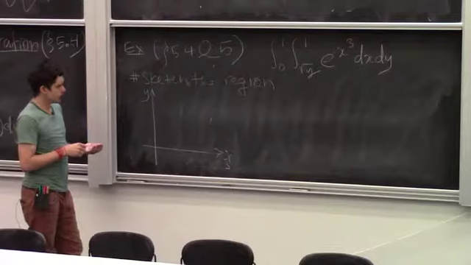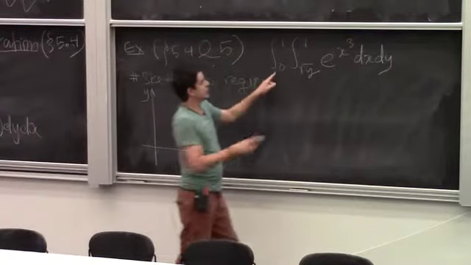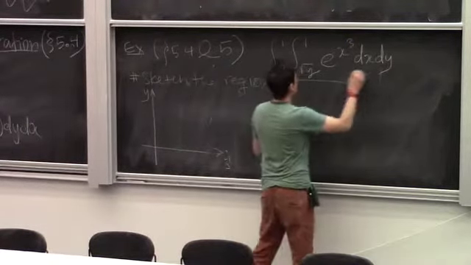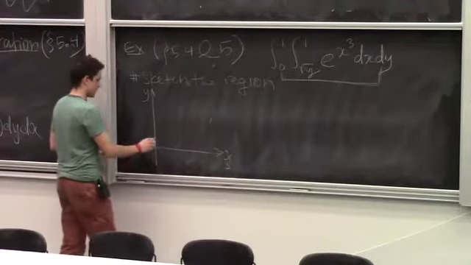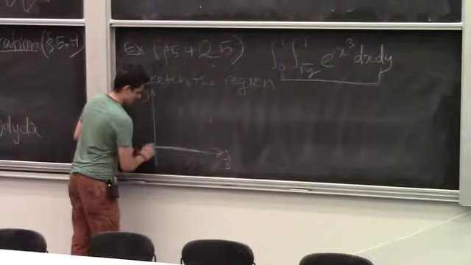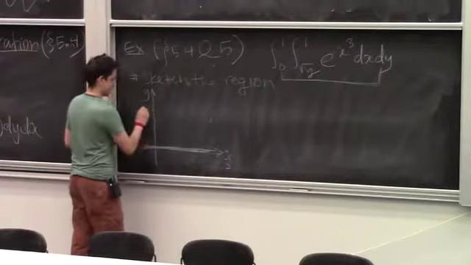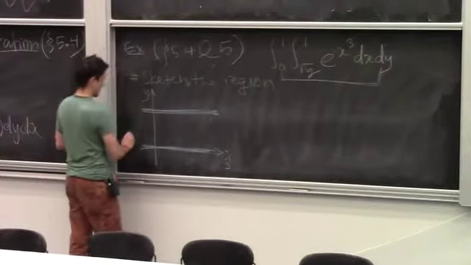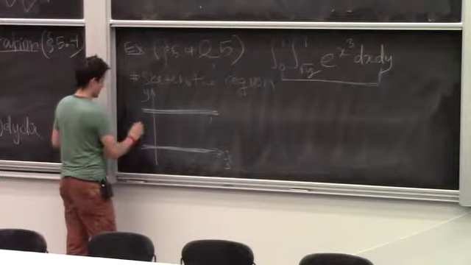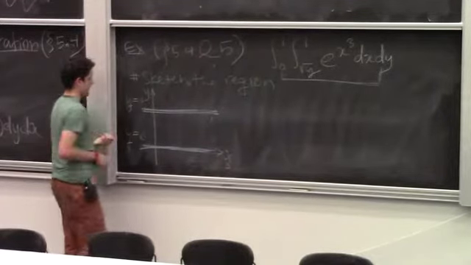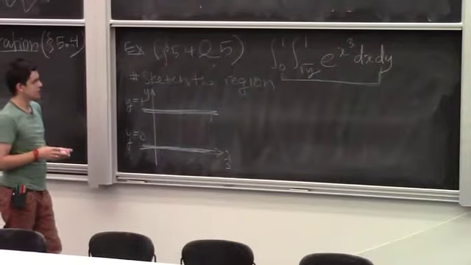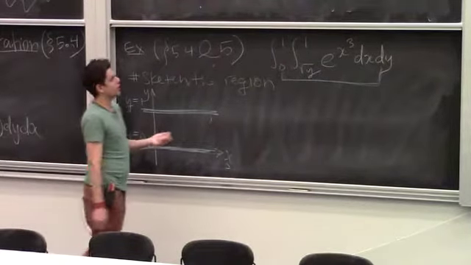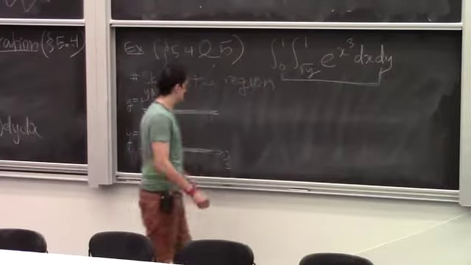Okay, so start off with y, right? We start off with our outermost bound. It runs from 0 to 1. Okay. Then x is going to run from root y to 1.